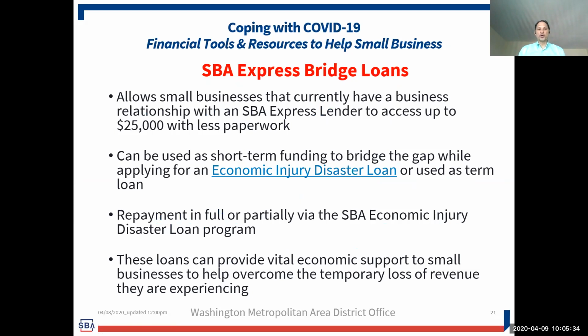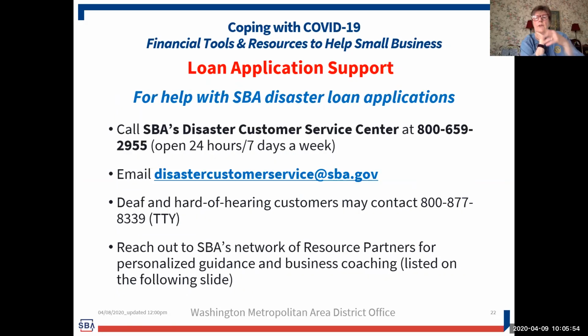Repayment in full or partially can come via the SBA Economic Injury Disaster Loan Program. You get this bridge loan, then you get the EIDL, and you use that to pay this bridge loan. They can provide this economic support to help you overcome the temporary loss of revenue that you're experiencing right now. Can I just ask one question? Sure.